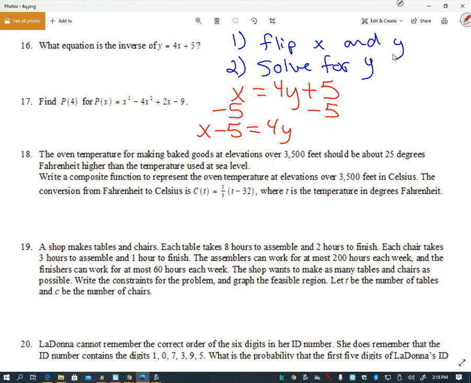Now what? Divide everything by 4. So my final answer is y equals x minus 5 all over 4. You could rewrite that and say y equals 1/4 x minus 5/4. That would be fine, but I think they're pretty satisfied with that right there.